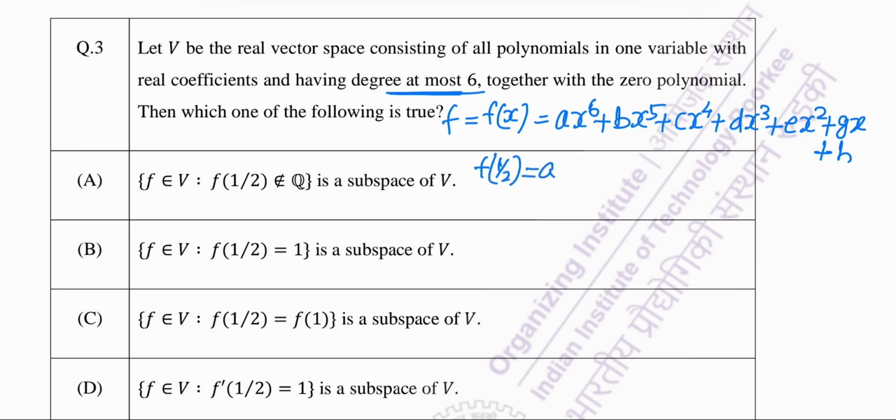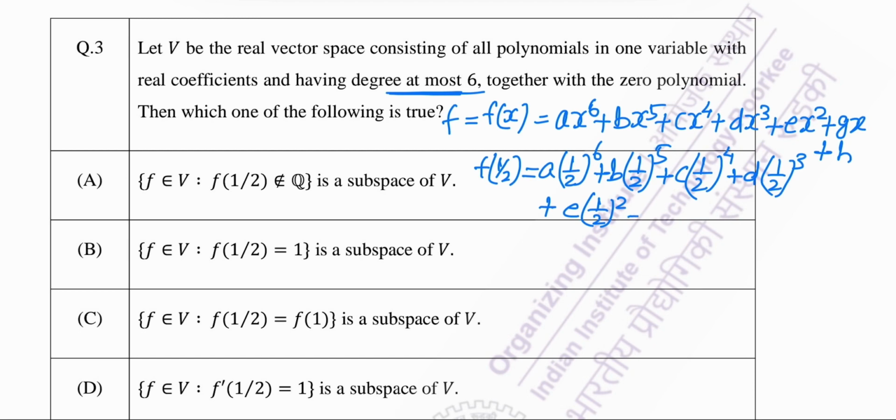will be a (1/2)^6 plus b (1/2)^5 plus c (1/2)^4 plus d (1/2)^3 plus e (1/2)^2 plus g into 1/2 plus h.